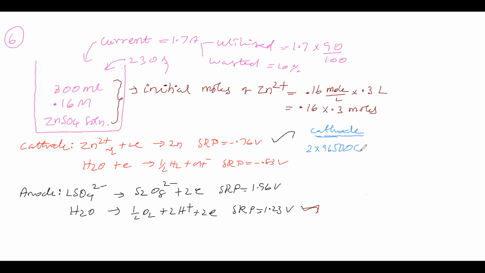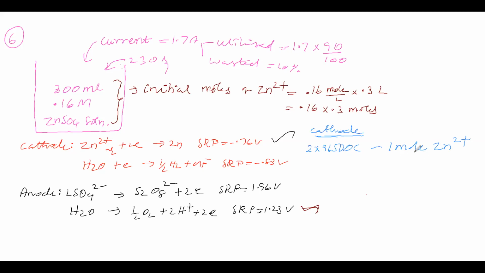So when 2 into 96,500 coulomb of electricity is utilized, we can say that 1 mole of Zn2+ undergoes reduction.